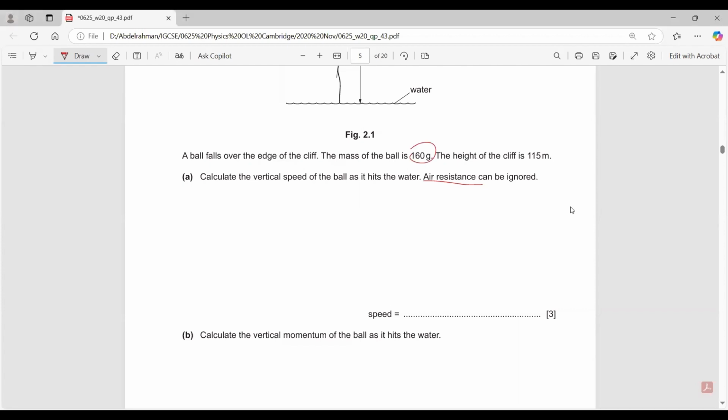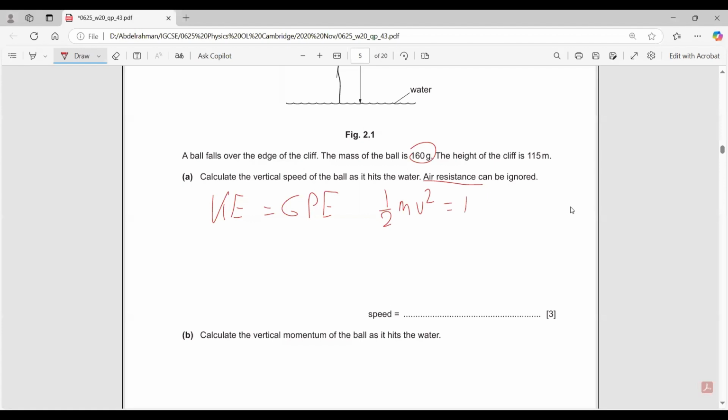No, you do not need the mass for this question. You need the mass for the next question, B. Because the kinetic energy is equal to the gravitational potential energy, or in other terms, half mv squared is equal to mgh. We can cancel out the mass with the mass, so half v squared is equal to gh.